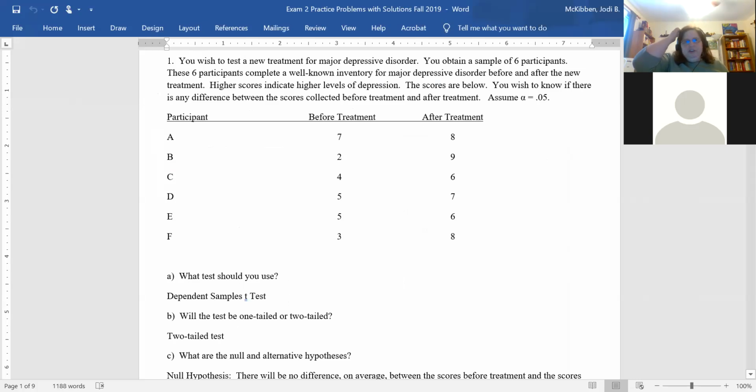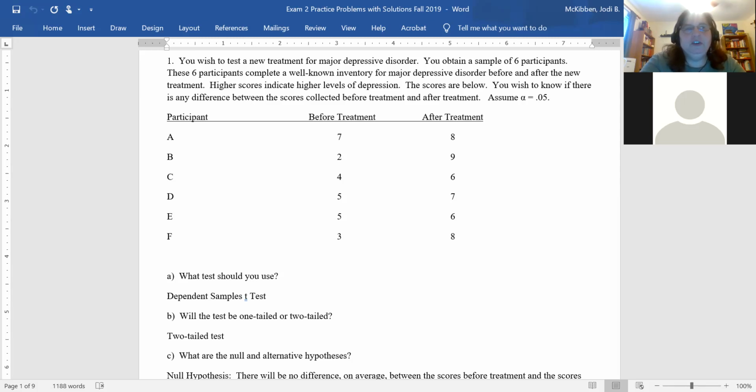Okay, so here is an example of something that you might encounter. And this might help us answer both questions of how you distinguish between the tests, as well as how you know which step to start with. Okay, so you wish to test a new treatment for major depressive disorder.